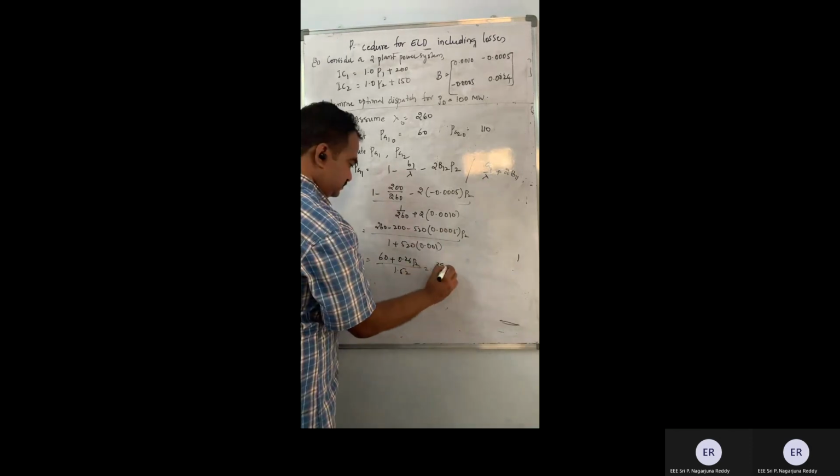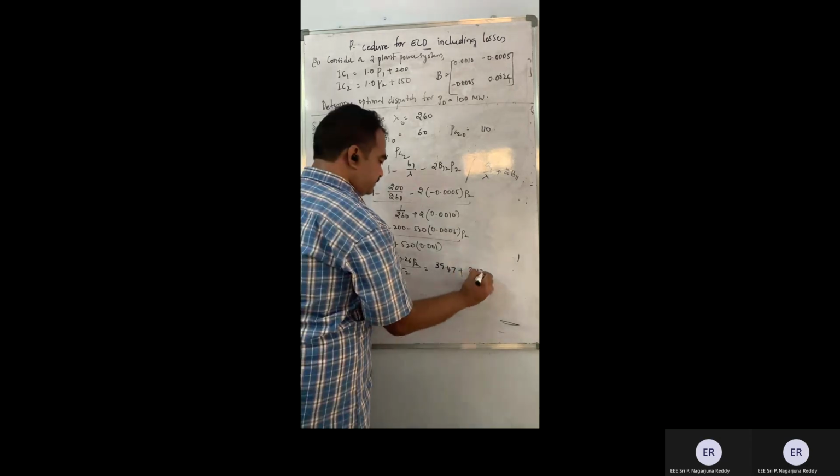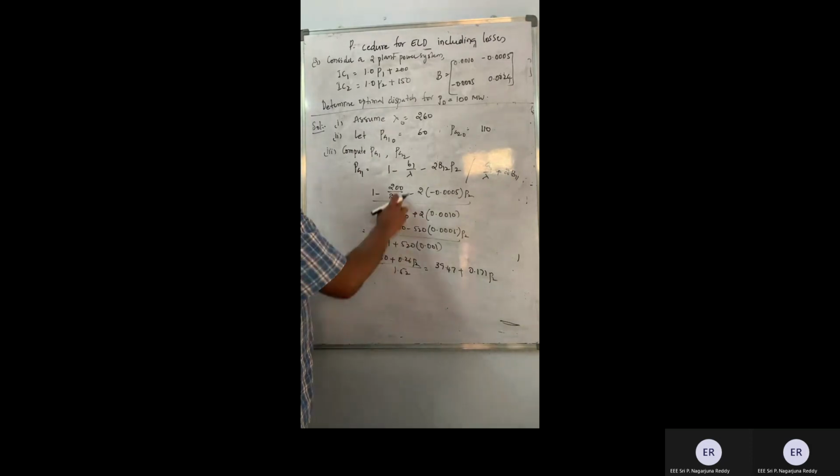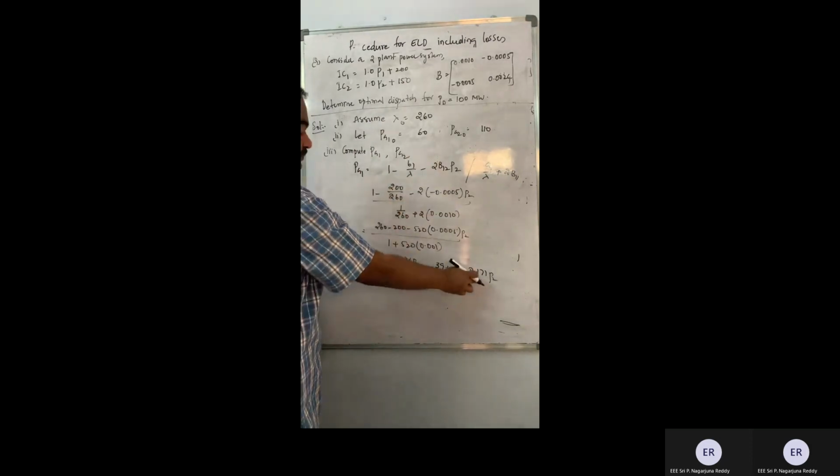So this is my expression for PG. So I will write here PG1 is 39.47 plus 0.171 P2.